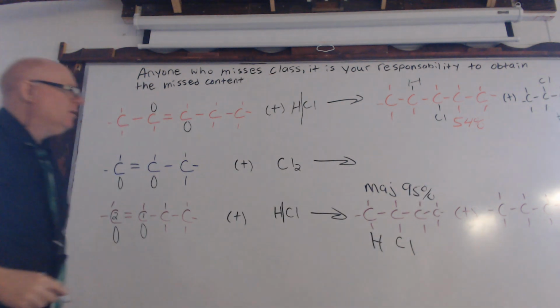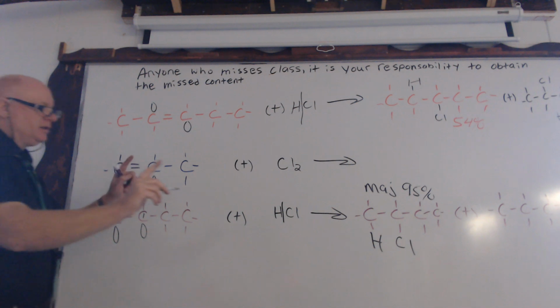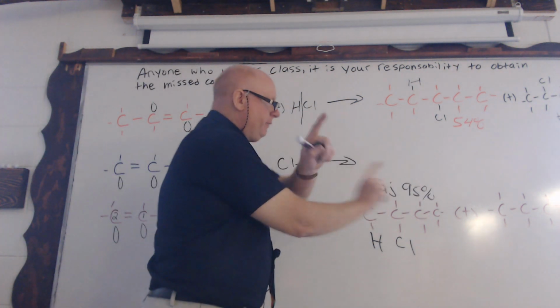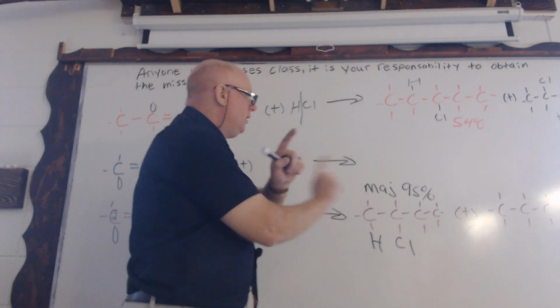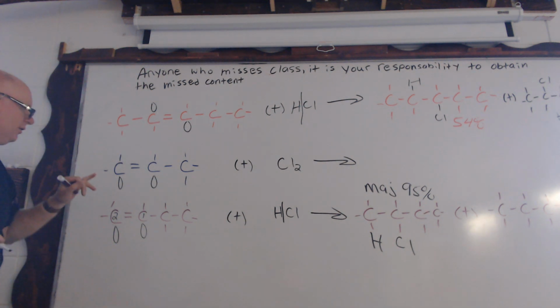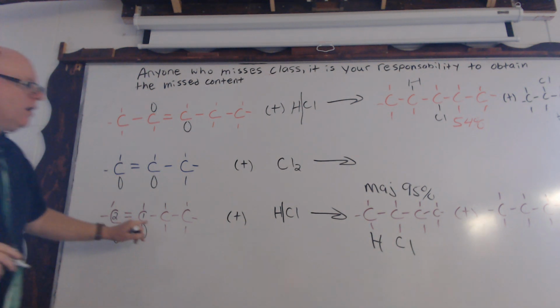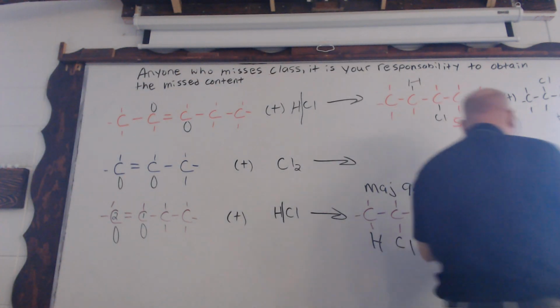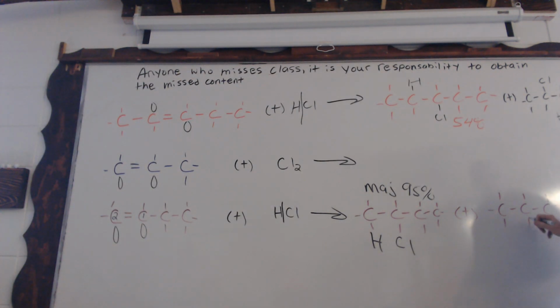Which then means, just like we did up here, you just flip-flop the 2. You're going to do the same thing in this process. So now, how are we going to do that over here? Notice we've got the availability to bond here and here.